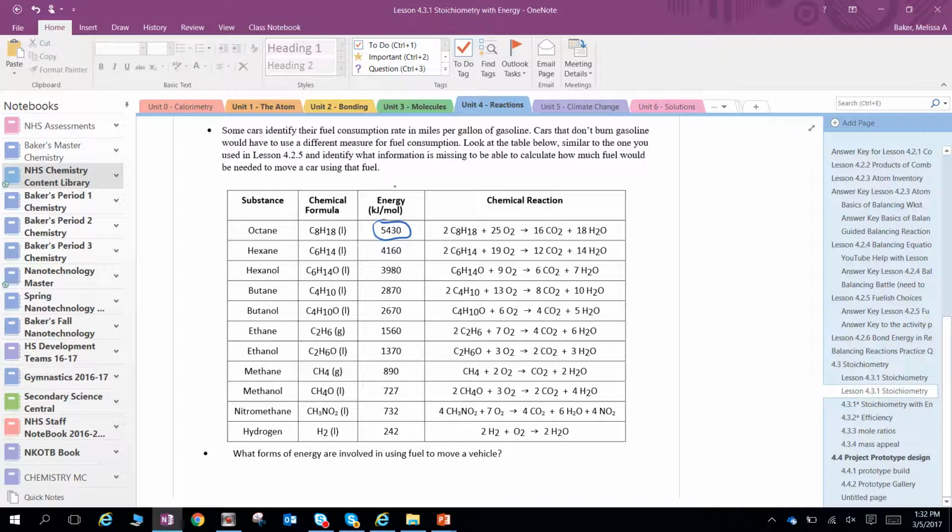So that's part of what we're doing in today's lesson. We're using this number for hydrogen, how many kilojoules per mole, to figure out, depending on how many moles of hydrogen were used in moving the propeller, how much energy was actually used.